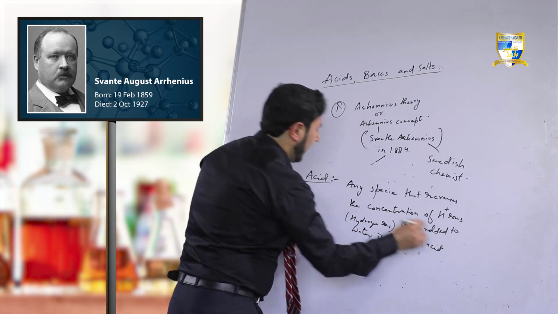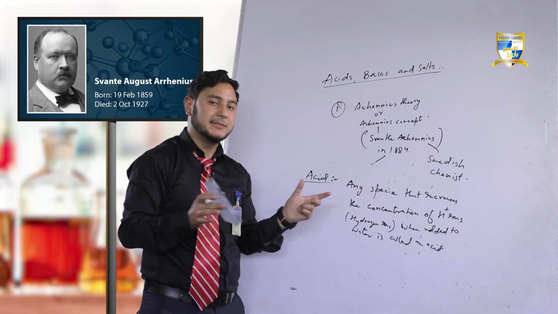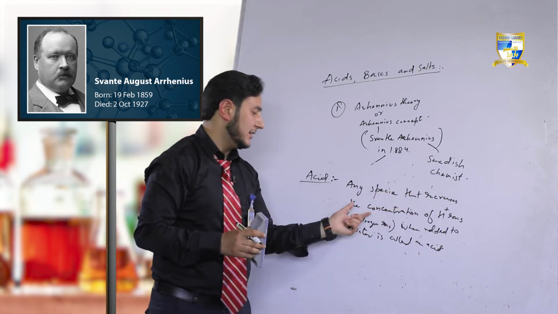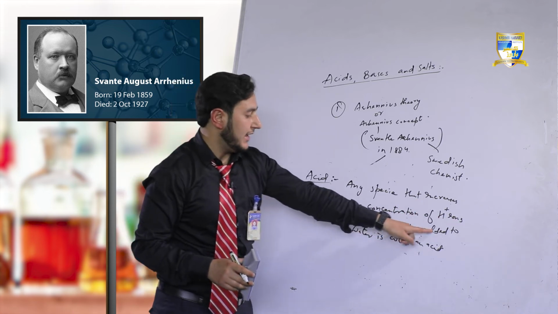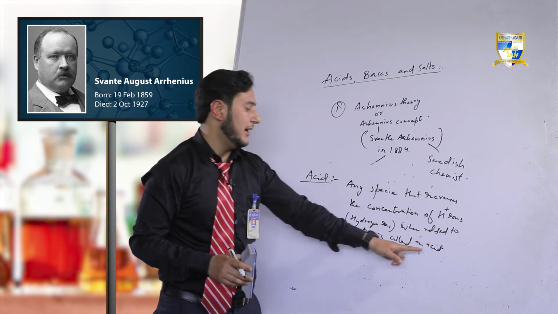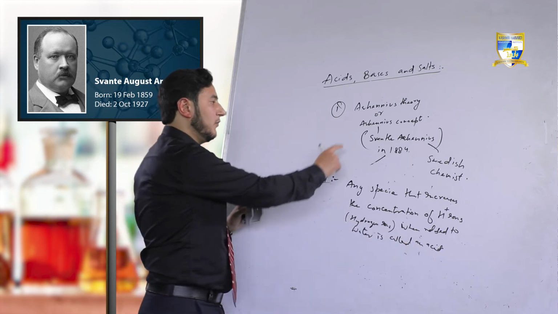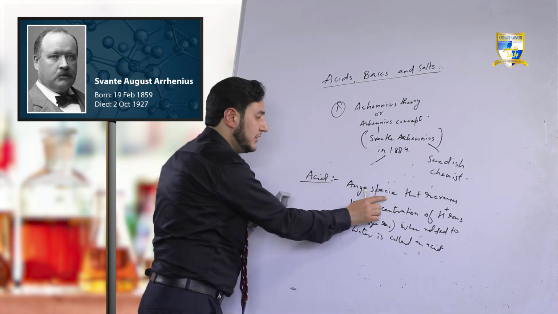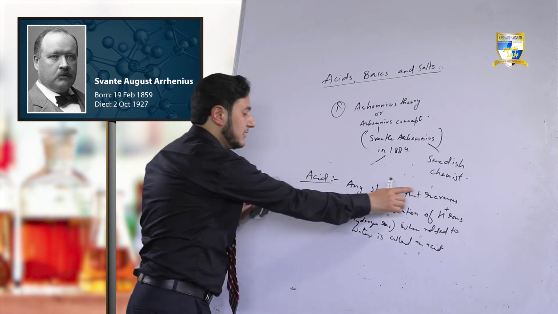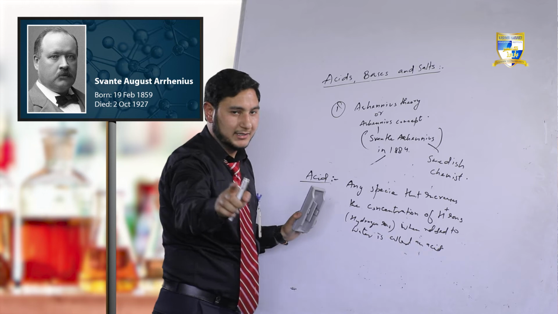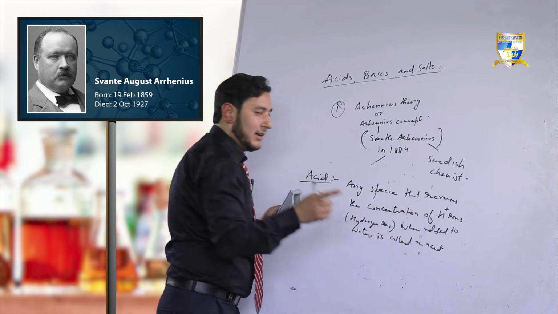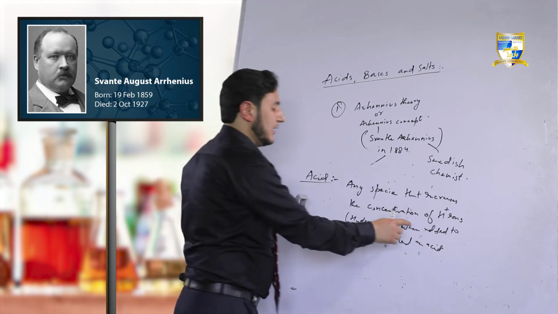This is the second definition put forward by Arrhenius: any species that increases the concentration, that is the number of H positive ions, when that substance is added to water.